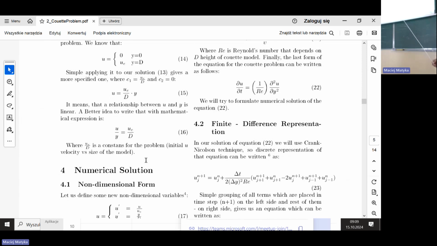But I used another approach, which was suggested by people from this course, which was to keep the time derivative, okay, and find the solution in time, which can be done with the so-called Crank-Nicolson technique. So we basically take the discrete representation of this equation. So what is the discrete representation? You take each of the partial operators here and basically discretize it with proper accuracy, because those discretizations can be different.